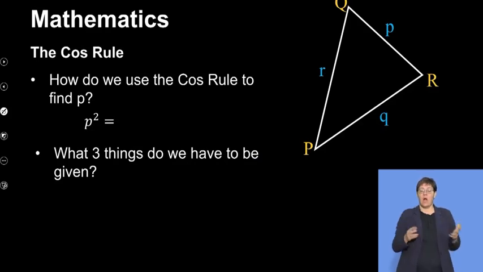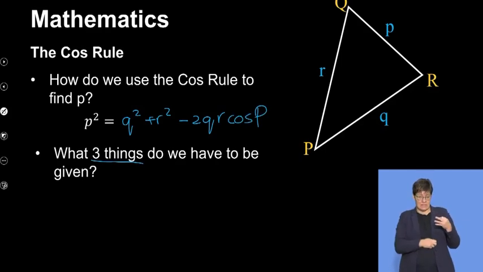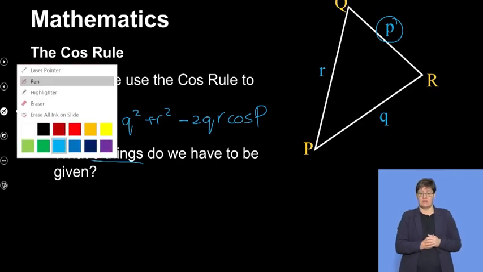Right, so how do we write the cos rule for this triangle if we want to find p squared? Then obviously we're going to use this version of it. P squared is equal to q squared plus r squared minus 2qr cos of p. So what three things do we need? Because you need three things to solve this.